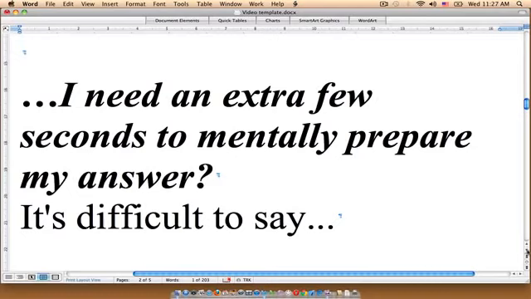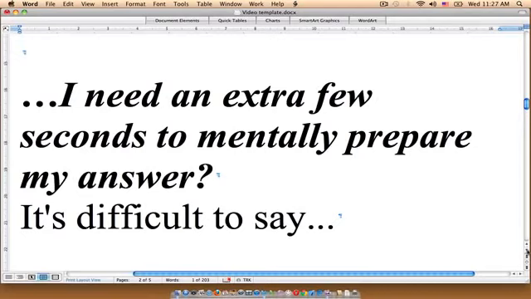And when you're speaking, there are pauses. There are two kinds of pauses. There are good pauses, or healthy pauses, and there are bad pauses. Good pauses are the kinds of pauses that you even hear when native English speakers are speaking. So these are the kinds of pauses that are quite brief, and they're just used when an English speaker is trying to prepare their response properly.